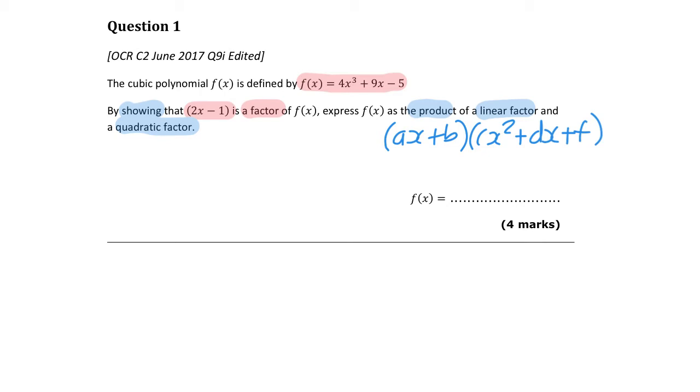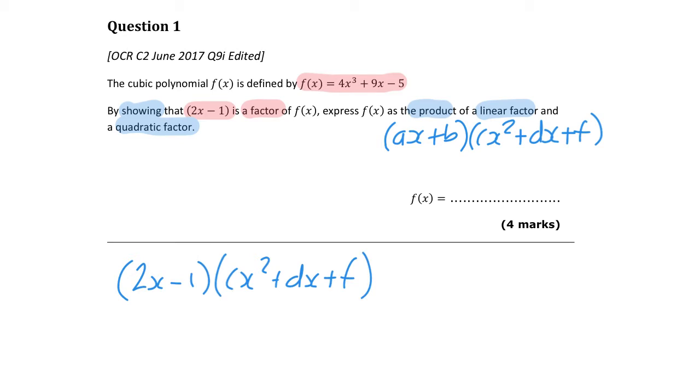Now it says by showing that 2x minus 1 is a factor, so I need to translate that into maths. Factor means that one of those brackets must be 2x minus 1, because it's a factor.